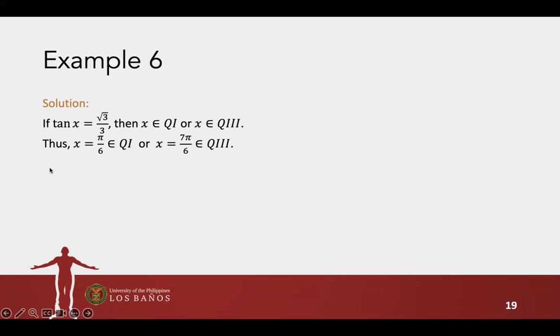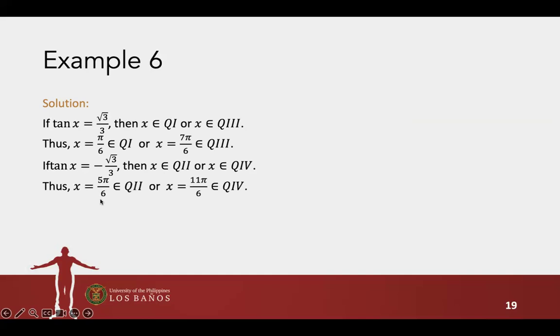Okay, so now if tangent x is negative square root of 3 over 3, again, if your tangent is negative, you're in the second or in the fourth quadrant. So again, we already know from the previous example that our reference angle is pi over 6. So to get the answer in the second quadrant, that's pi minus pi over 6.